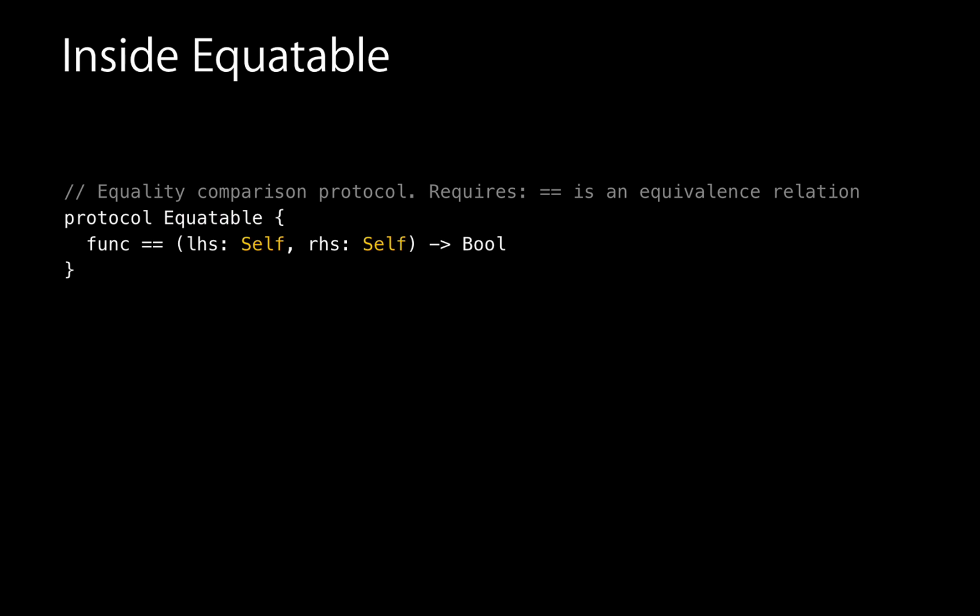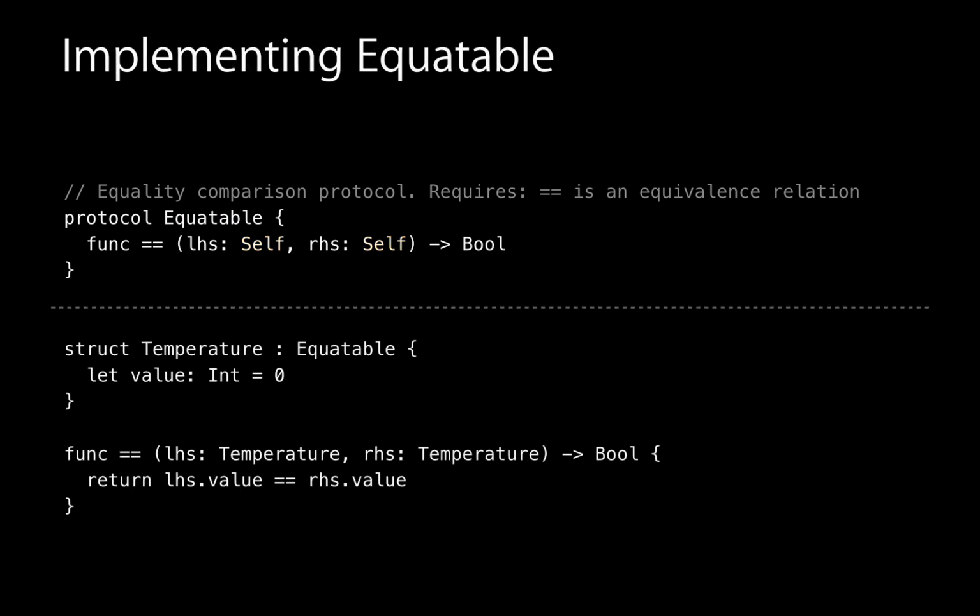All right, now let's quickly make an Equatable type. So Temperature here is just a little wrapper over an Int. And there's a couple of things to notice. First, Temperature is a struct.